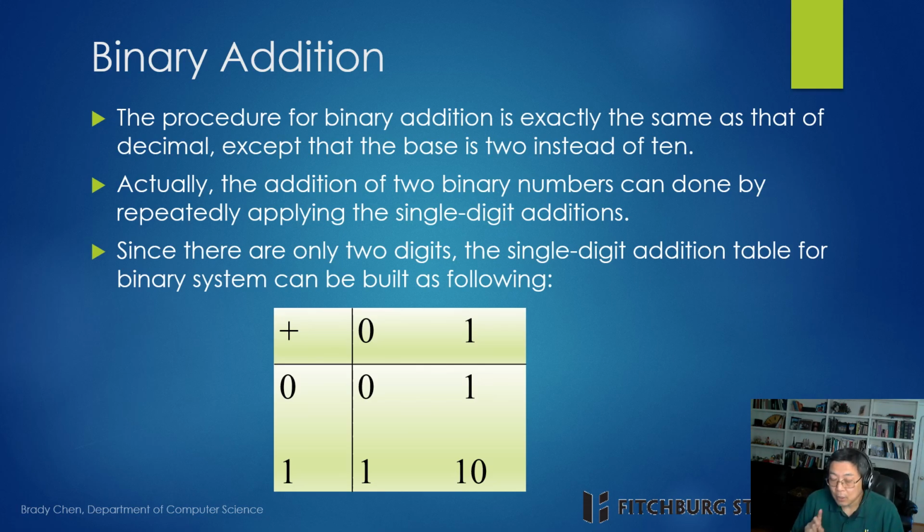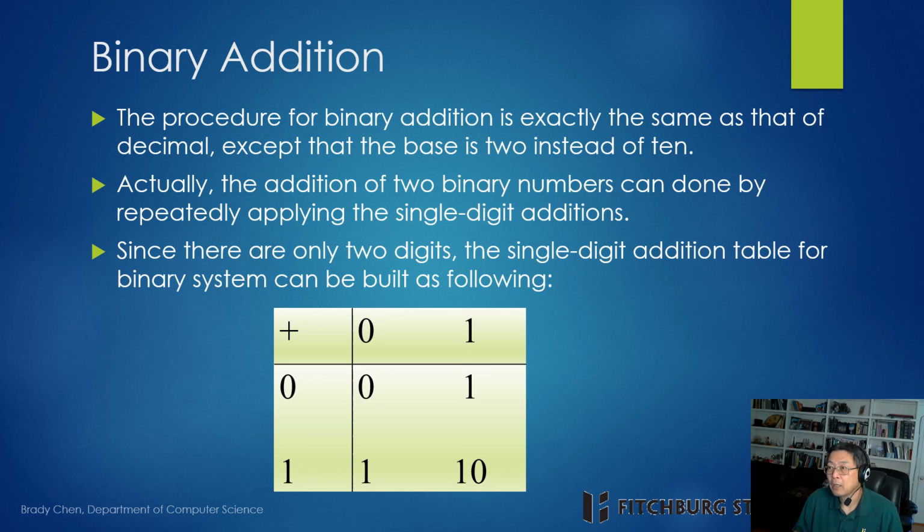So once we know how to represent binary numbers, the next thing we want to know is how we can perform the arithmetic operations like binary addition. Okay, so the procedure for binary addition is exactly the same as that of decimal, but you need to remember that the binary number is a base 2 numeral system instead of 10.